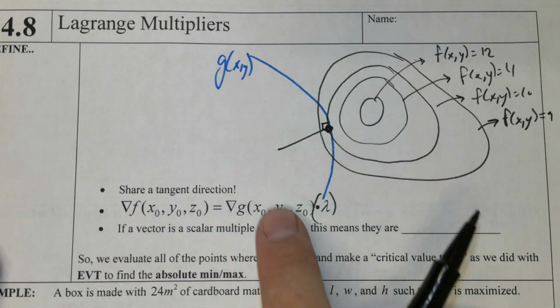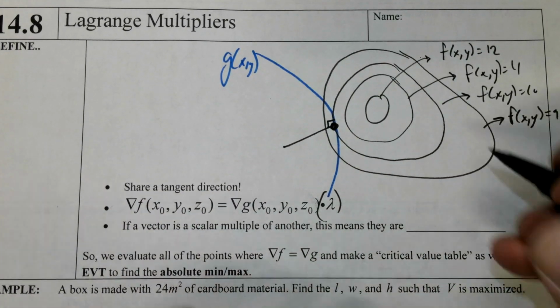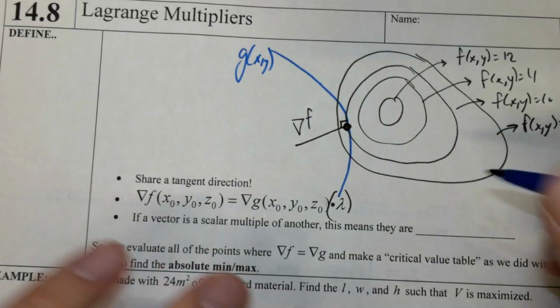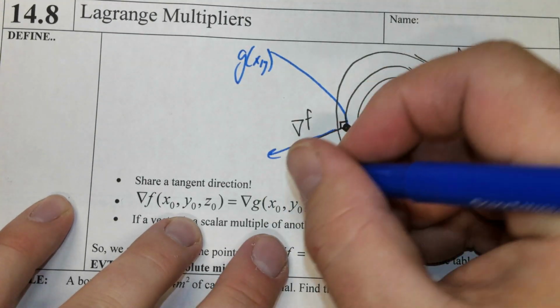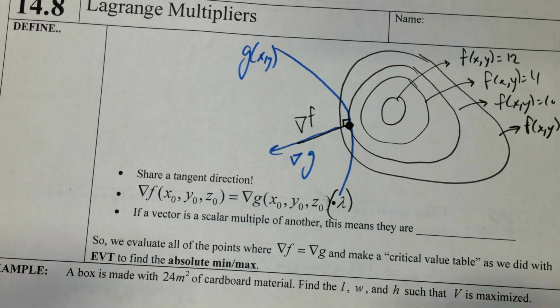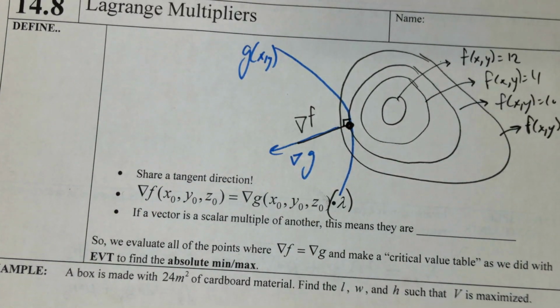And I could just as easily move this to either side if it made an example easier. But yeah, this is where my del f is, and my del g would be in the exact same place, except it would just be multiplied. Same direction, different magnitude, because it's a slightly different function.